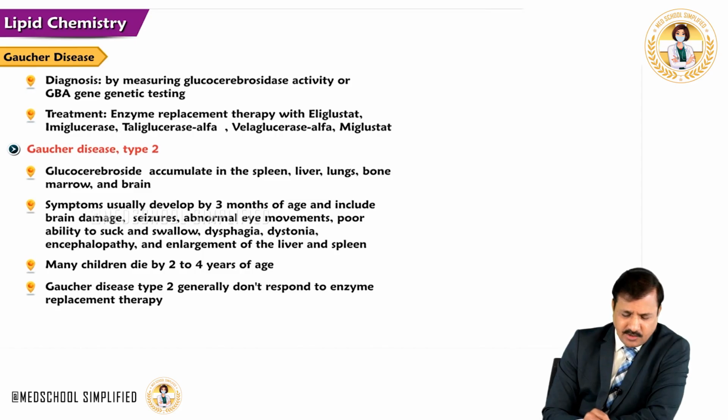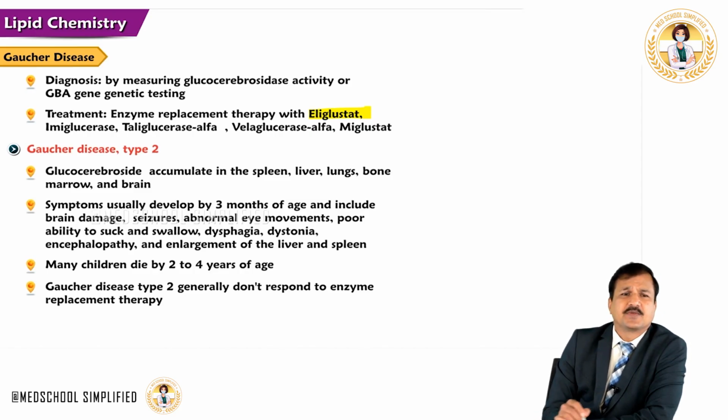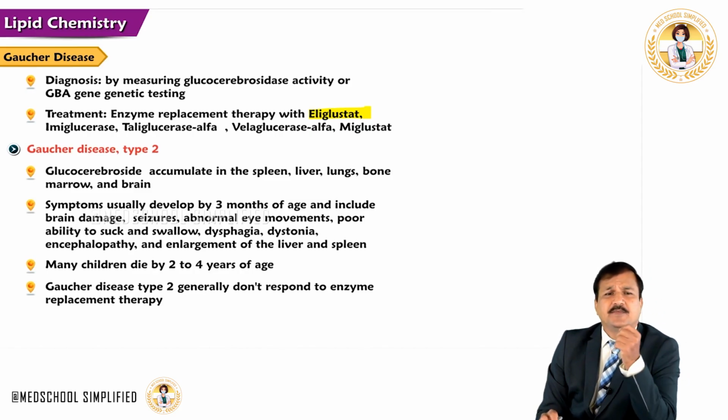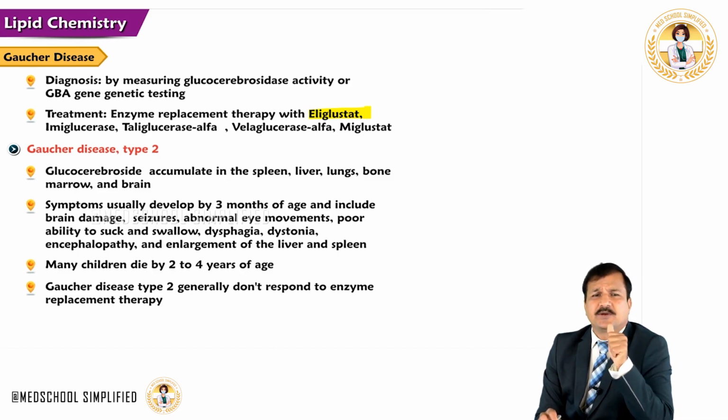Treatment involves enzyme replacement therapy like imiglucerase, taliglucerase alpha, velaglucerase alpha, and miglustat. These are the therapies currently available for treating Gaucher's disease type 1. Remember the specific enzyme replacement therapies for this disease.